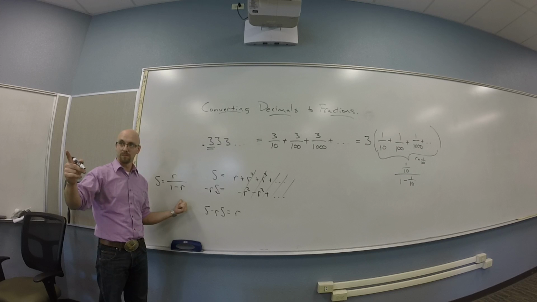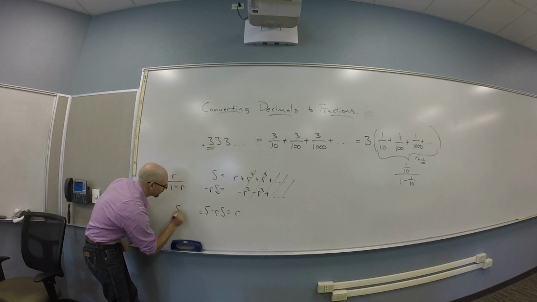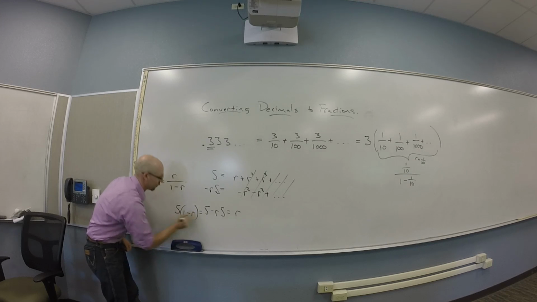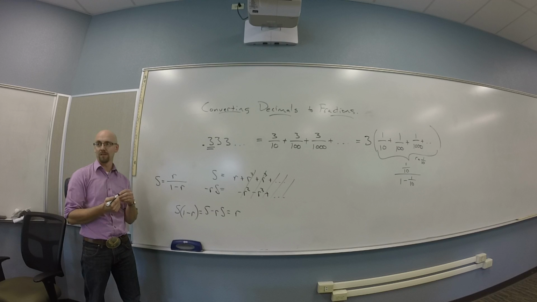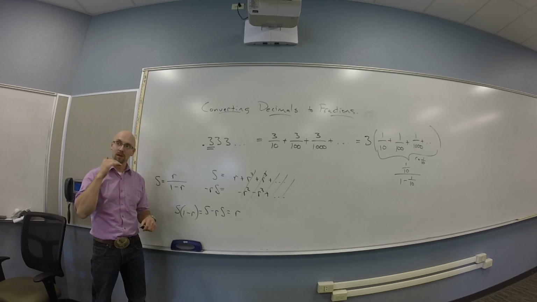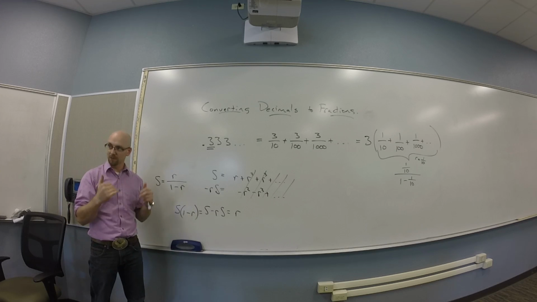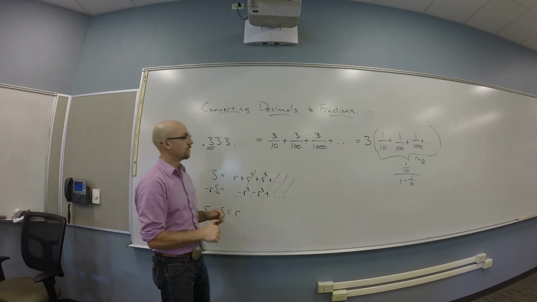Where does the 1 minus r come from? It comes from factoring an s out of this piece. That's probably the toughest part for most of you to see. You just have to remember that you're going to factor an s out. So you call the sum something, multiply and then subtract in such a way that everything cancels, and then factor the sum out on the left-hand side.